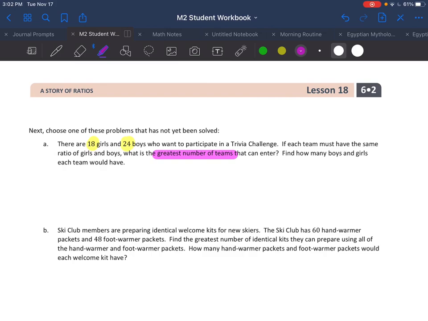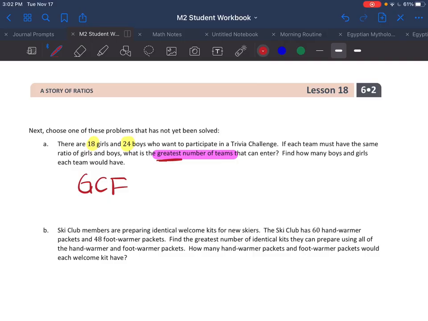I also need to understand that I have my total number of people to join the trivia challenge, and I'm breaking that total number into groups, into teams. So I'm taking a bigger number and making it into groups of smaller numbers. When I do that, I'm factoring, right? I have my bigger number and I'm factoring it into smaller numbers. So that can tell me I'm looking for the greatest common factor, because there's that word greatest.